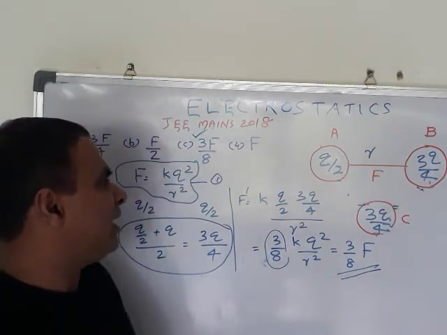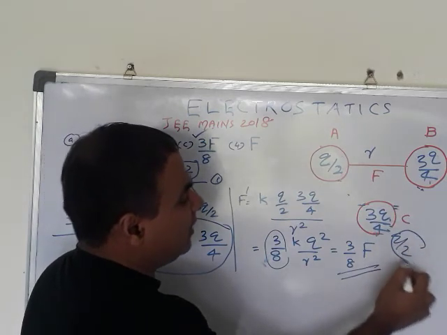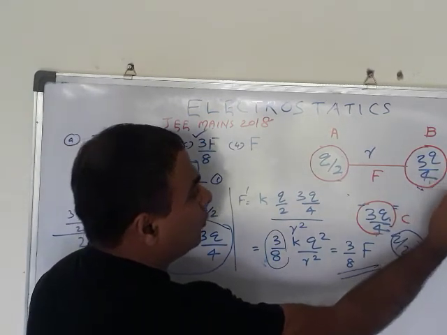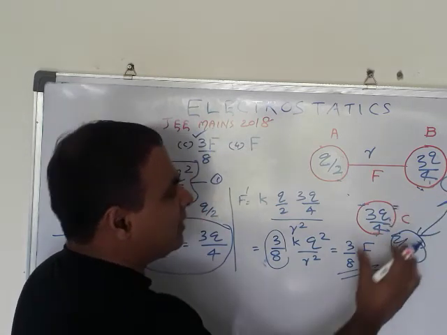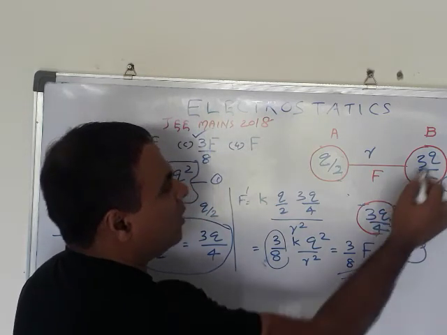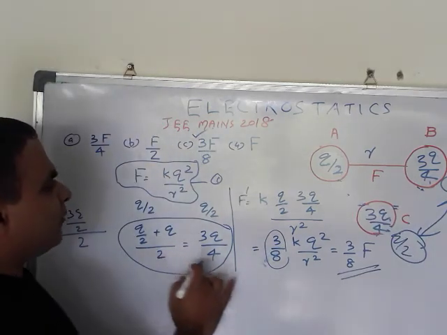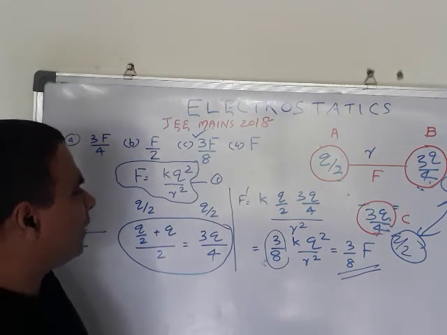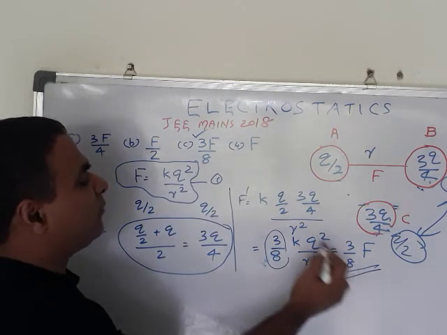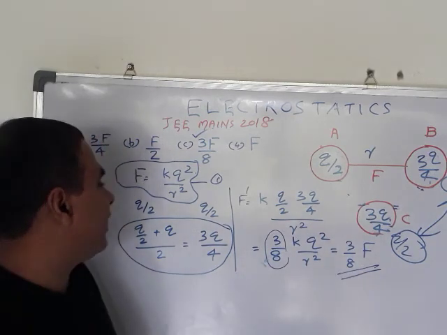So in the beginning A gets q by 2 and C also gets q by 2. Then this q by 2 and here it is q in the beginning, that is again equally shared. At that time these two spheres will get 3q by 4. Then we calculate the force. The initial force is kq square by r square. In the second case the force becomes 3 by 8 F.